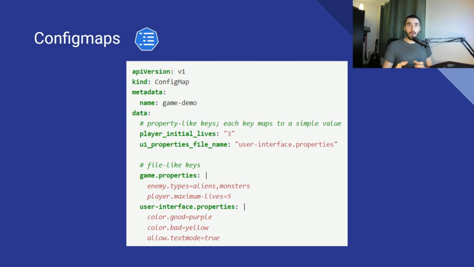But later on, which says file like keys, you have keys which are followed by a pipe, and then on the next row you have an indentation equal to a tab, and then you have multiple values under the same key. And basically that notation using the pipe teaches the config map that the key which it follows, in this case game.properties or user interface.properties, has to behave like a multi-line string. Okay, that's the whole beauty of it.